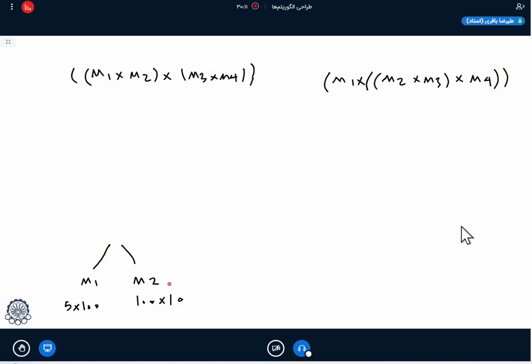So if we multiply m1 and m2, we will have a matrix with 5 rows and 10 columns.